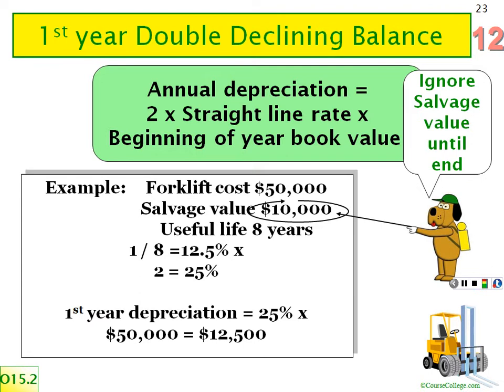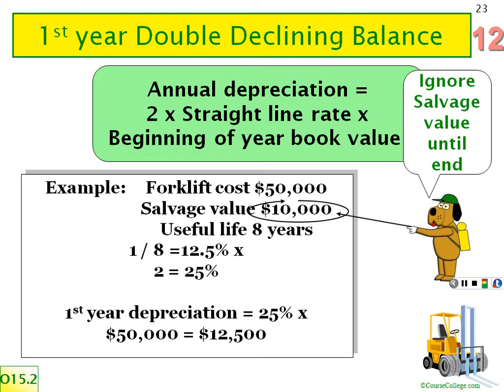They've been dealing with salvage value for straight line and units of production by subtracting it from the cost. That's the first thing they do. Guess what? In the double declining balance method, we don't do that. We ignore the salvage value initially. We don't ignore it long term. It has to be dealt with, but we don't consider it in our calculations initially.